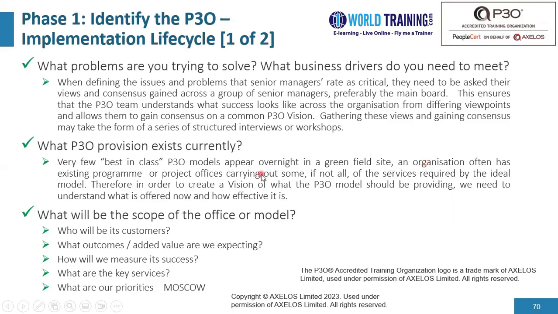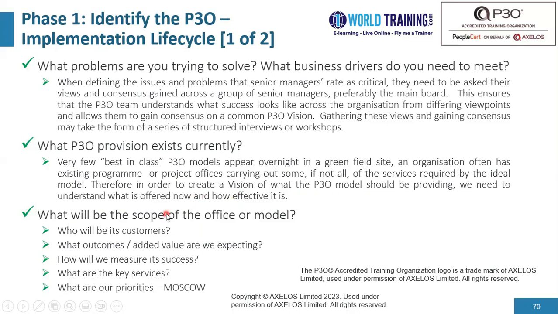Organizations often have some capabilities in terms of managing projects and programs, carrying out some, if not all, of the services required by the ideal model. Therefore, in order to create a vision of what the P3O model should be providing, we need to understand what is offered now and how effective it is.